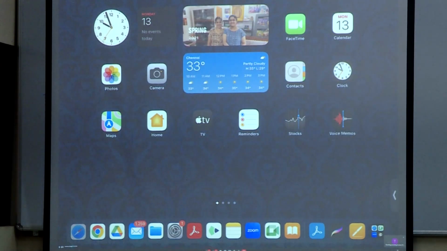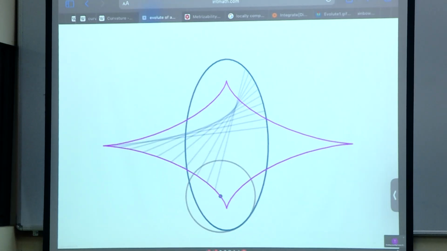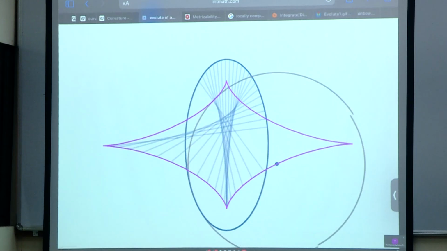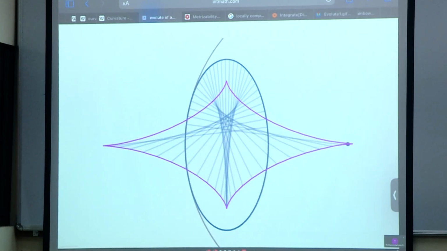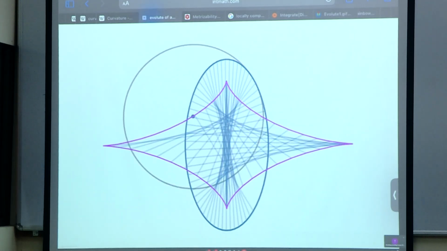So you see, in this picture what is happening is that you see this blue curve, which is the ellipse with the vertical being the major axis. Its evolute is the pink curve, which is the asymmetrical asteroid.